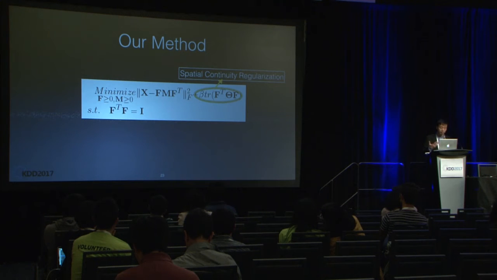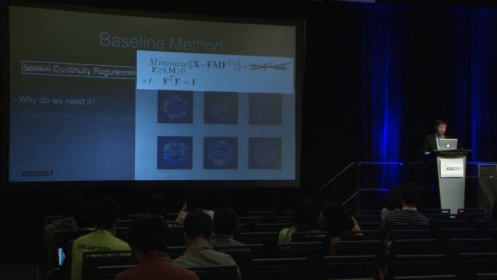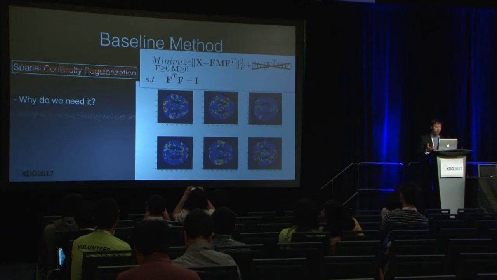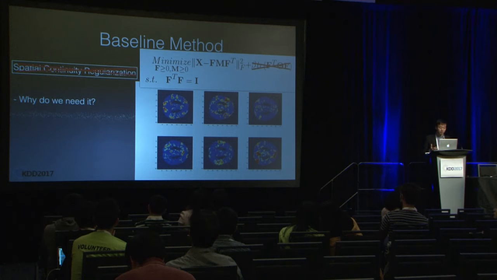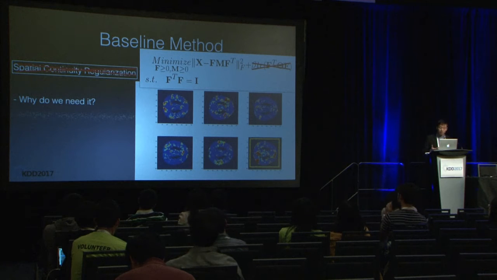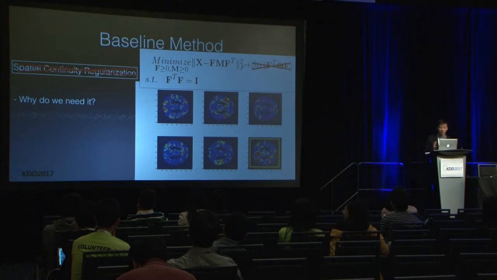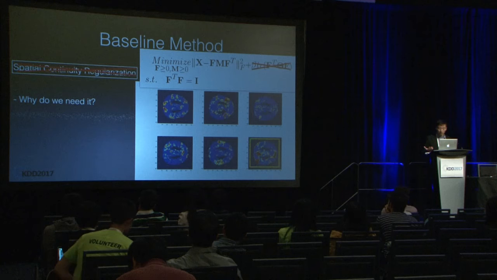The spatial continuity regularization term is a core part of our method, and its importance can be demonstrated with a baseline model that only conducts block modeling without spatial regularization. Given the strong correlations between nodes from the same functional network, clustering the voxels purely based on their intercorrelations would result in discovering multiple nodes that are distantly located, as we can see here in the yellow box, in the spatial domain, in one single cluster of voxels.